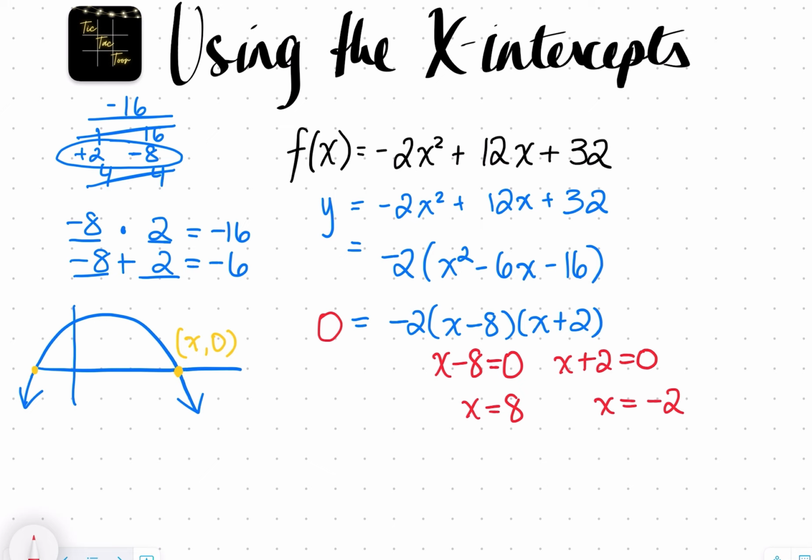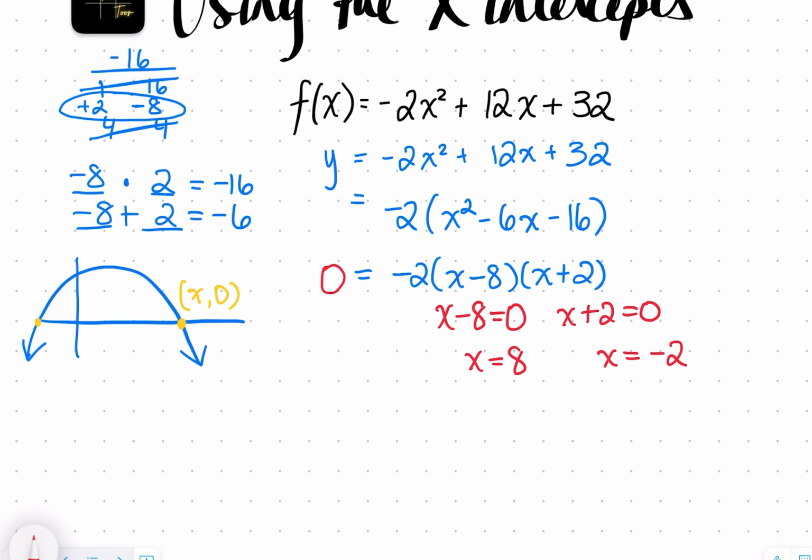Because also sometimes it turns out to be a fraction that isn't a really nice decimal. So it's just helpful to know why things work the way they do. Now that we have our x-intercepts, we can modify our sketch over here.